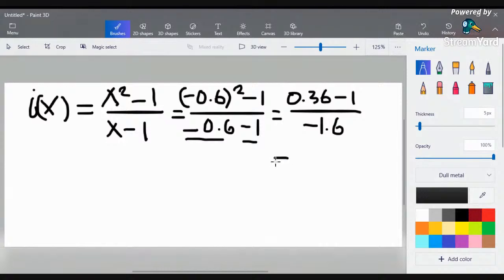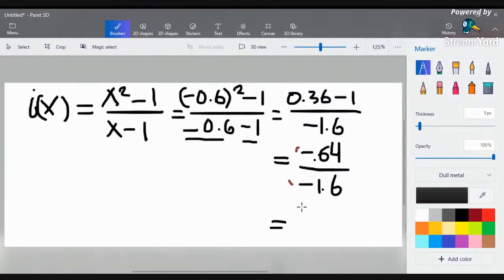So if we solve that, 0.36 minus 1, that is negative 0.64 over negative 1.6. But we know that negative divided by negative, the answer will be positive.